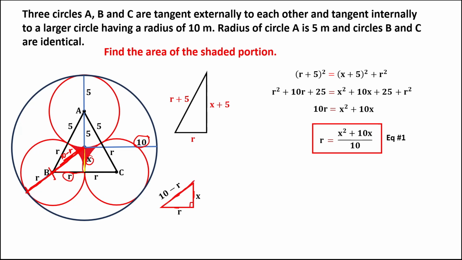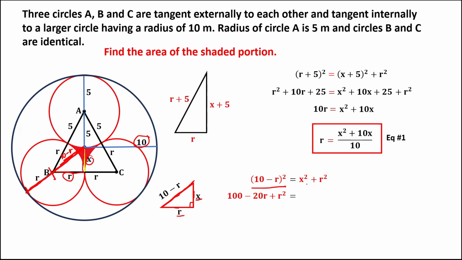and this one now is the hypotenuse. So we have the square of 10 minus r, then equals x squared plus r squared. Then to simplify, to expand this binomial, this is equal to 100 minus 20r plus r squared.